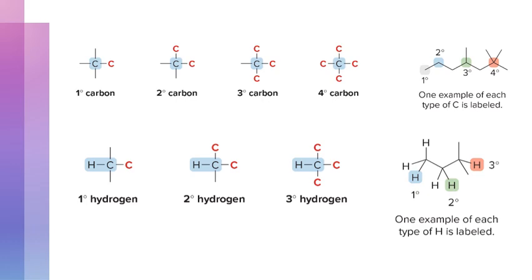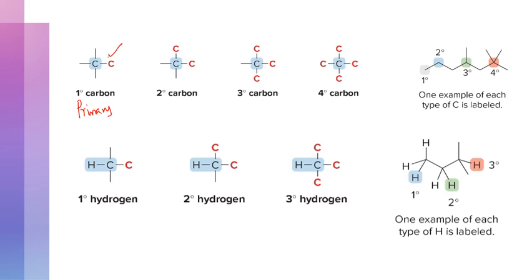All carbon atoms in alkanes look similar and it is hard to recognize which is which, right? So chemists came up with a classification of these carbon atoms depending on the number of carbon atoms directly bonded to one of them. If a carbon atom is attached to one other carbon atom, we call it a primary carbon atom.